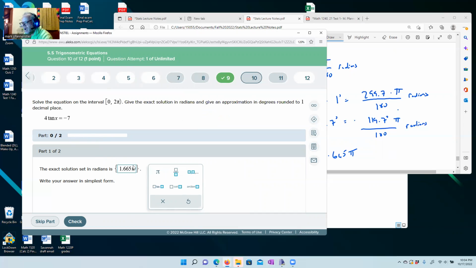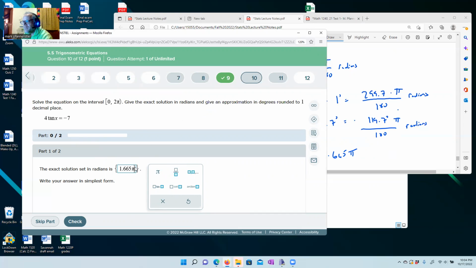Oh, and then comma. I'm not sure what they want: give an exact solution in radians and an approximation in degrees rounded to 1 decimal place. Sometimes they want the pi here, sometimes they don't. I'm a little confused as to what exactly they want. If they want the pi in here, we'll leave it as is.